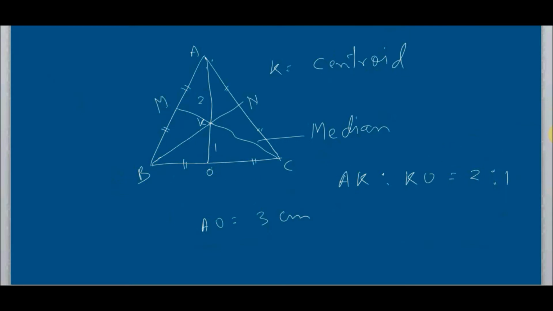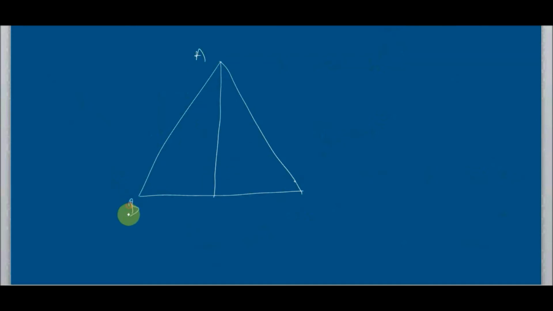Next, if this is a triangle, and we draw a line from vertex A to the opposite side BC such that it meets BC at a right angle.